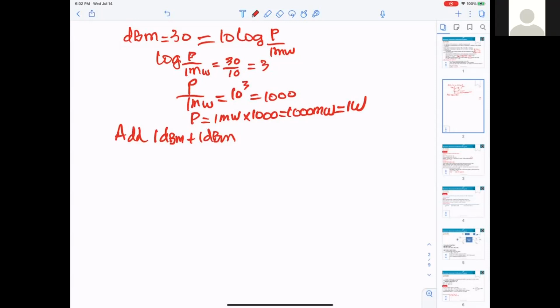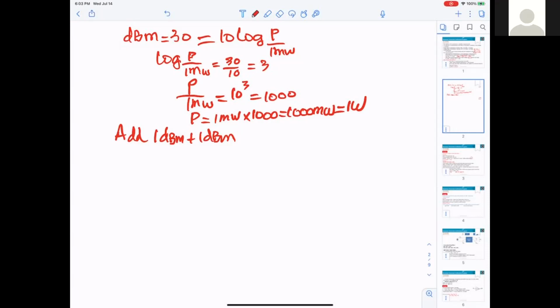For instance, you pick the first one and say dBm equals 1 dBm, then equals 10 log P over 1 milliwatt, and work that through like we've been normally doing, then go back and do the other one the same way. And then at the end, you can add them up.